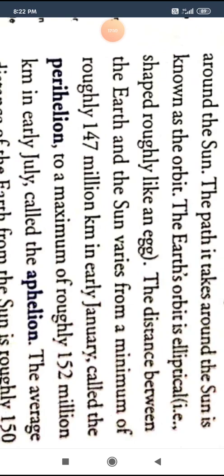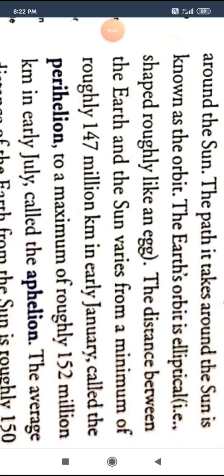What is perihelion? The distance between the earth and the sun in January is 147 million kilometers. This is the minimum distance between the earth and the sun.